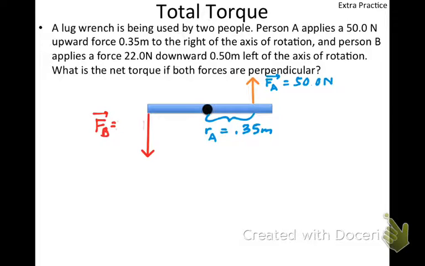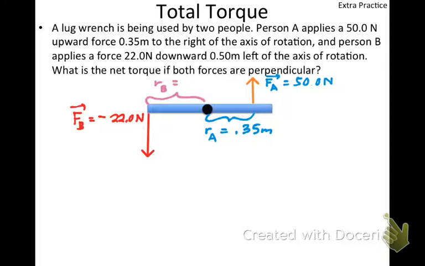A couple things here. Extra detail. Maybe I should give myself more room. The force of B is not just going to be 22.0 newtons. If I want to emphasize it's going downward, I'm going to apply a negative sign right there. Likewise, the force is to the left of the axis of rotation, so direction of left, r_B.